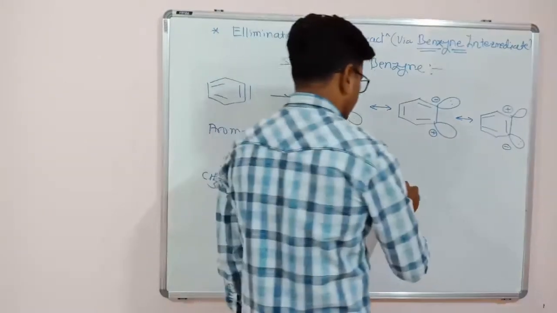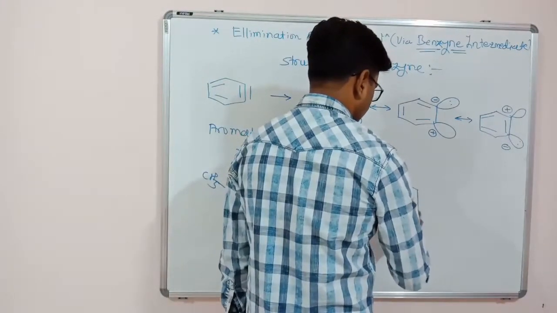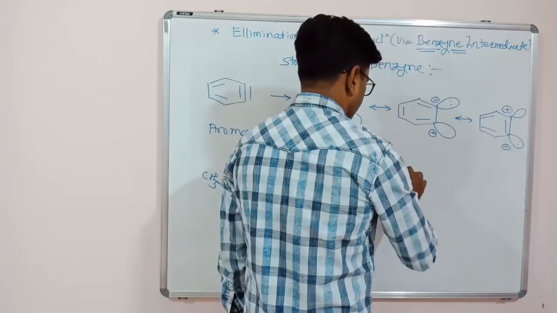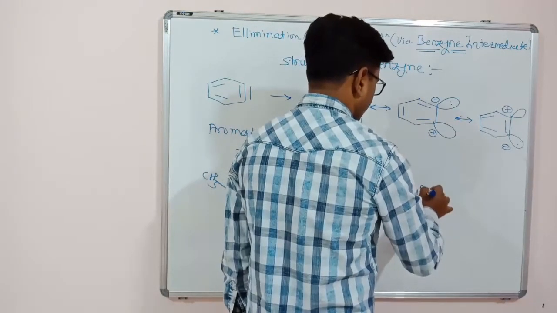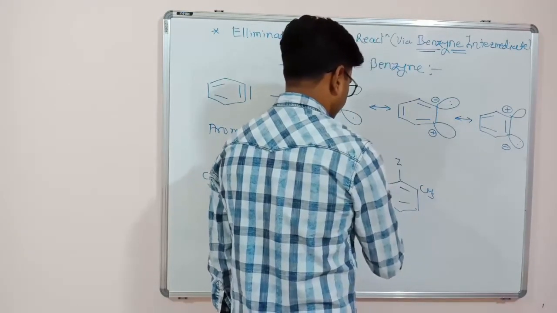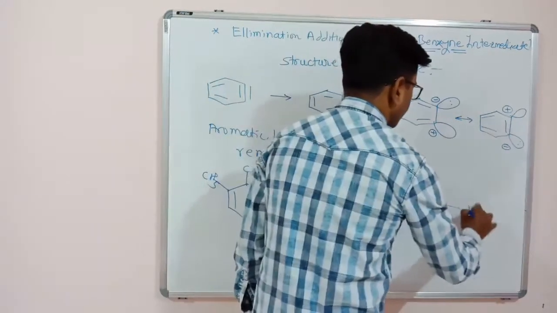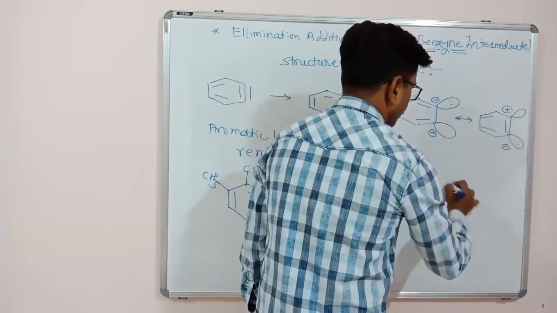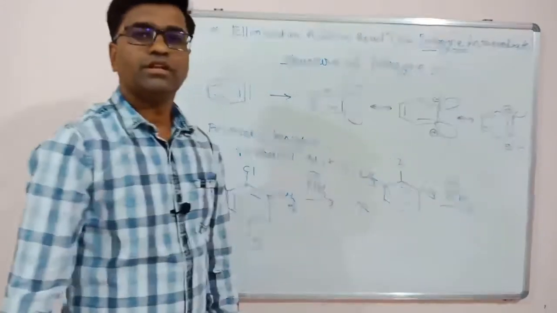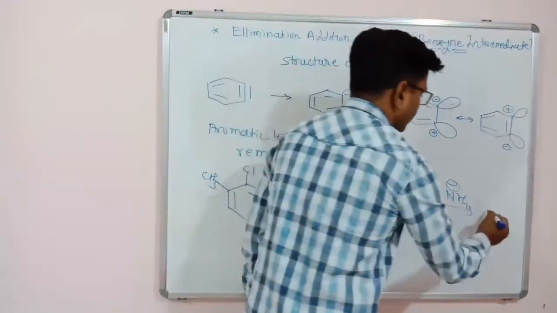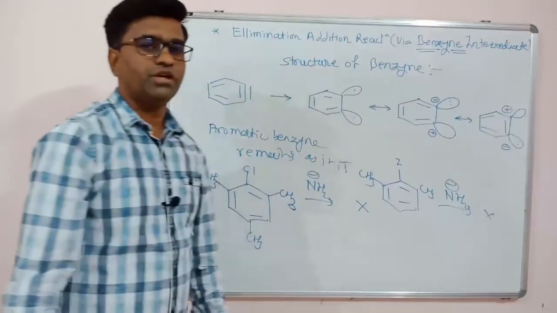Similarly, if you are doing a reaction with 2,6-dimethyl iodobenzene and the same reagent, that is NH2 minus, then also there will be no formation of product.